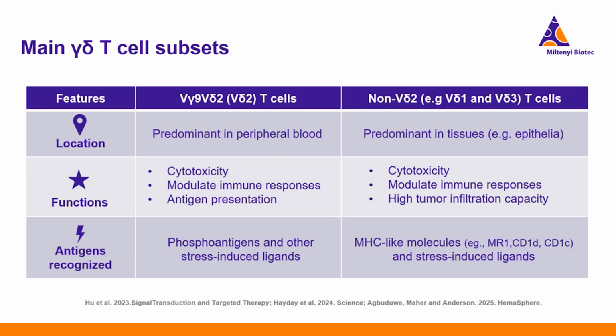And on top of that, they have very high tumor infiltration capacities. They are able to recognize different stress-induced ligands in target cells, but these sets of ligands are completely different from the ones recognized by the delta 2s. For example, some of these ligands can be expressed in MHC-like molecules.